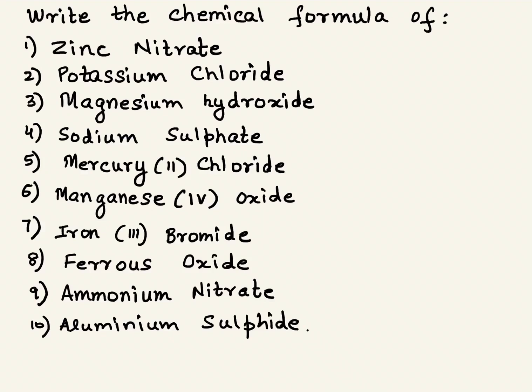Write the chemical formula of: first one is zinc nitrate, second potassium chloride, third magnesium hydroxide, fourth sodium sulfate, fifth mercury 2 chloride, sixth manganese 4 oxide, seventh iron 3 bromide, eighth ferrous oxide, ninth ammonium nitrate, 10th aluminium sulfide.